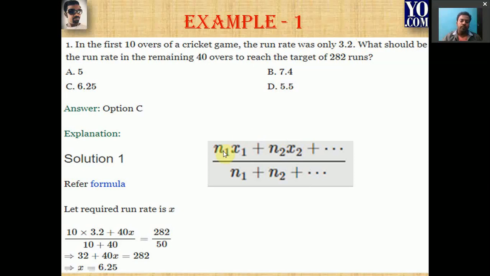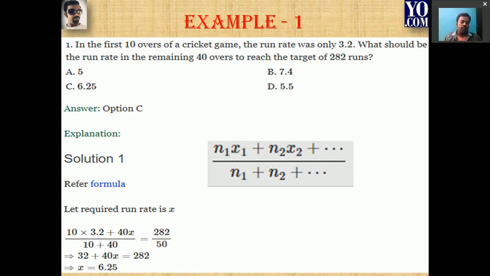Then n1 is 10, n2 is 40. Then you can substitute. So the average is equal to 282 divided by the total overs, that means 10 plus 40, that is equal to 50 overs. This is the formula, very simple.